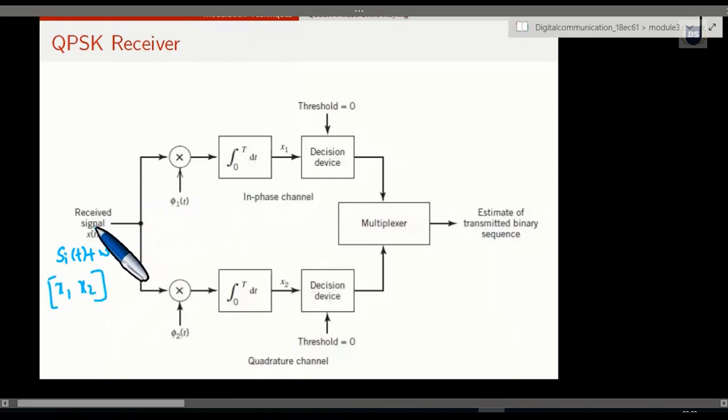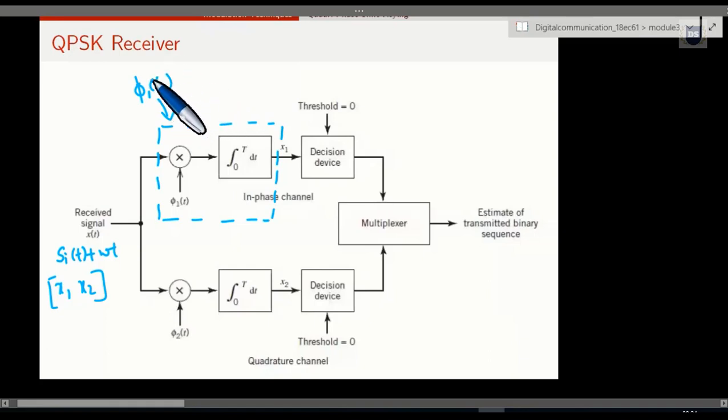So we'll make it pass through a correlator stage, where we'll call the first correlator stage the in-phase channel because it is associated with basis function phi1(t).